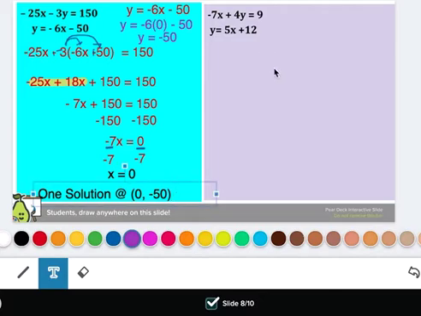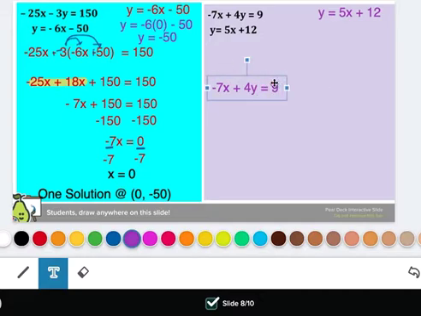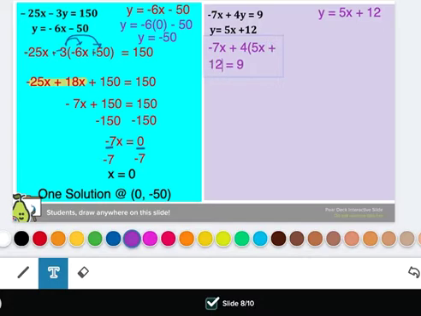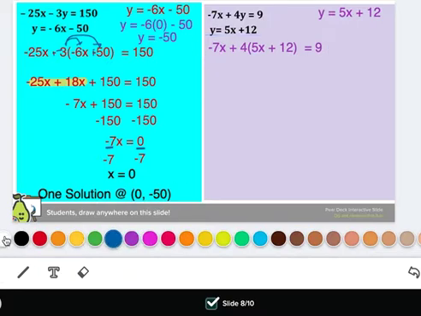And the same thing here. You would solve for y equals 5x plus 12, and you take the other equation, -7x plus 4y equals 9. Instead of the y, you're going to replace that with a multiplication, substituting 5x plus 12, and then you solve it. You would use the distributive property here.